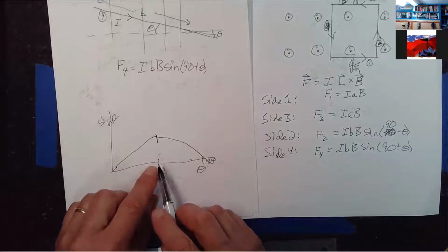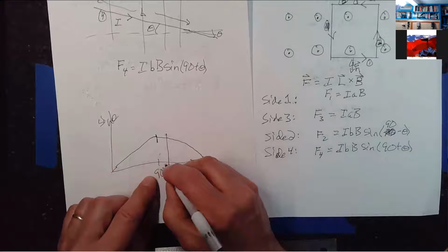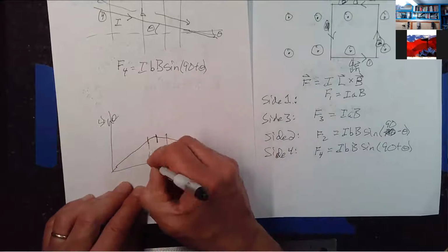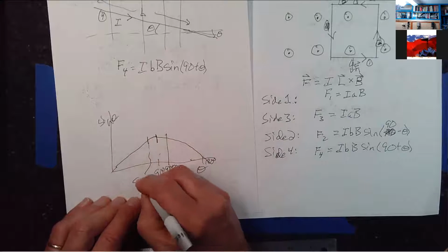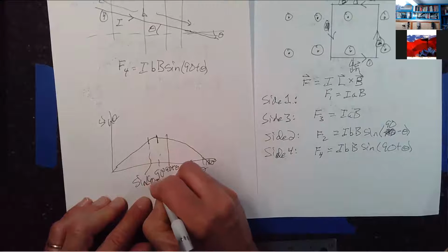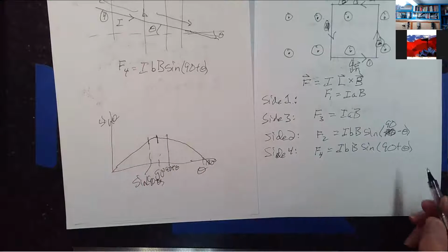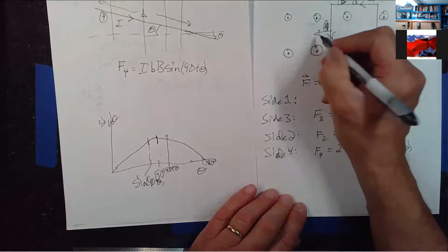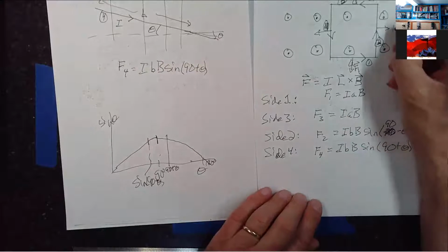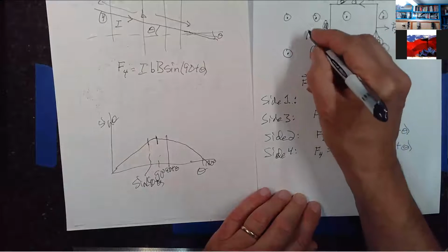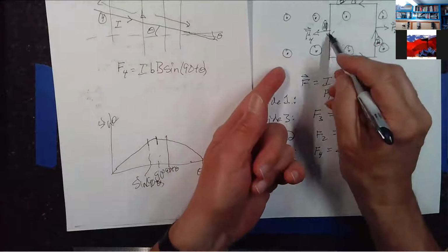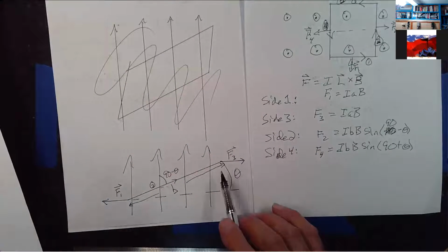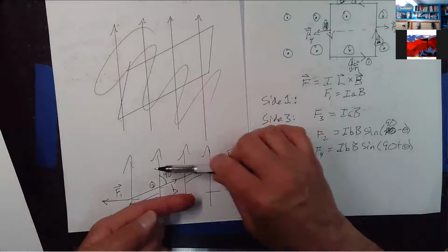So the sine of 90 plus theta is equal to the sine of 90 minus theta, despite how I drew it. So F2 and F4 end up being equal forces, and they would act as if they were at the center of each of these pieces. And so here's F2 as a vector, here's F4 as a vector, and they have the same line of action in this case. It's not like F1 and F3, where they have different lines of action.